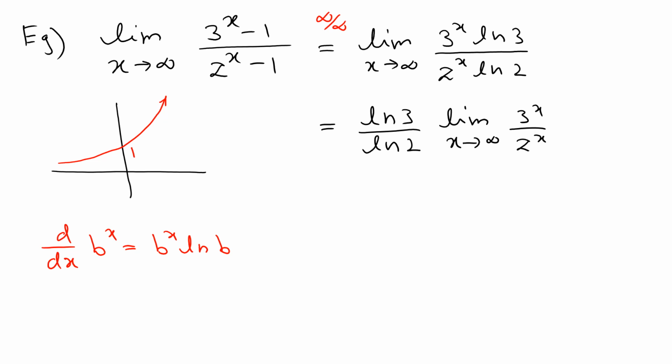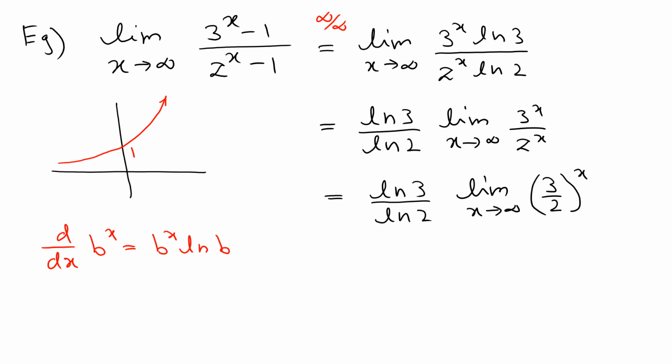Actually, we are not going to use Bernoulli again. But what we can do is combine them. When you combine them, you can write this as ln 3 over ln 2 times the limit when x goes to infinity of (3 over 2)^x.